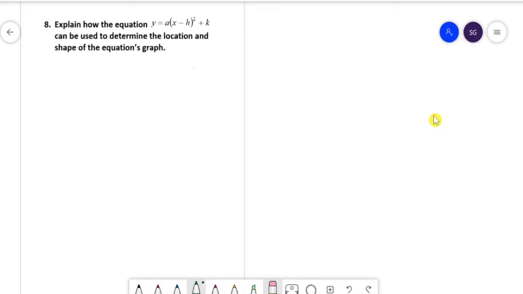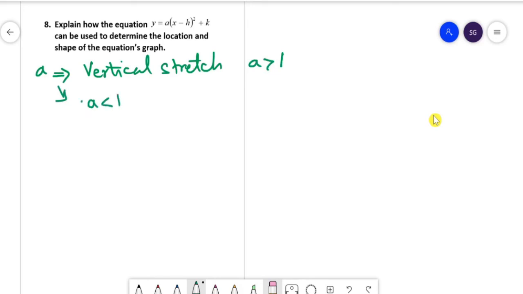In question number 8, we are required to explain how this equation can be used to determine the location and shape of the graph. So first of all, this number a accounts for the vertical stretch, and that will be a stretch if it is greater than 1. Otherwise, if it is between 0 and 1, that will be a vertical compression.